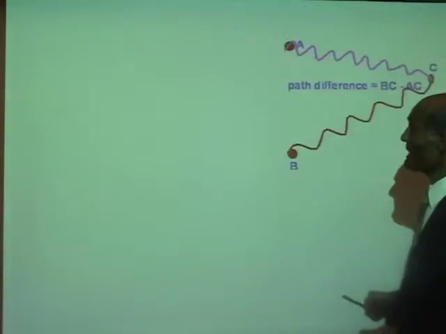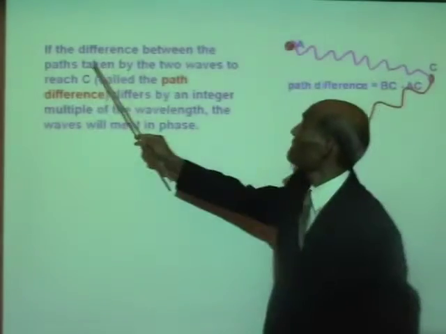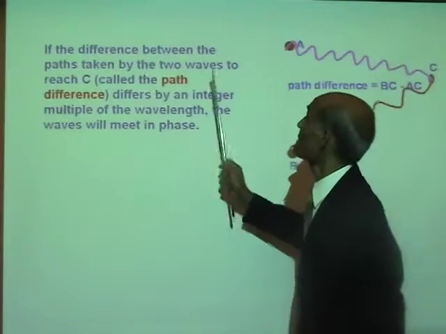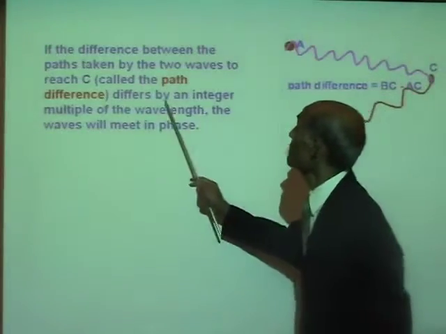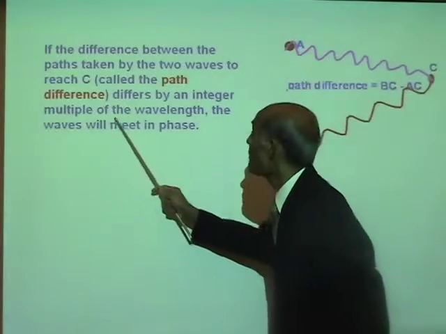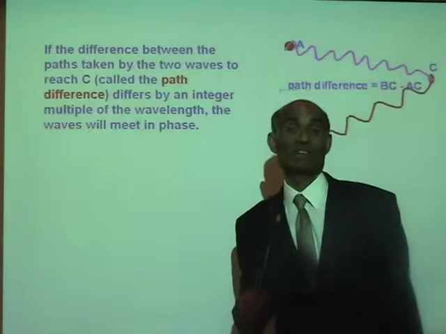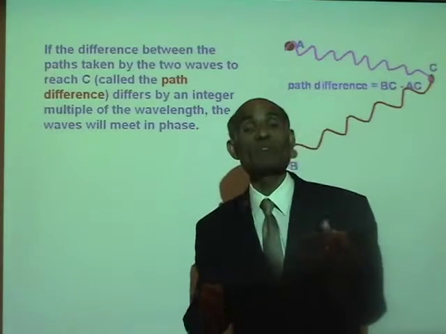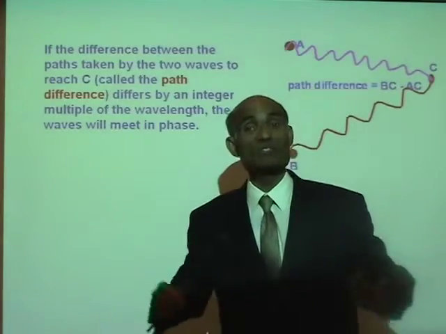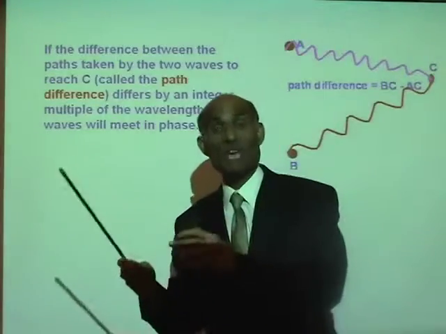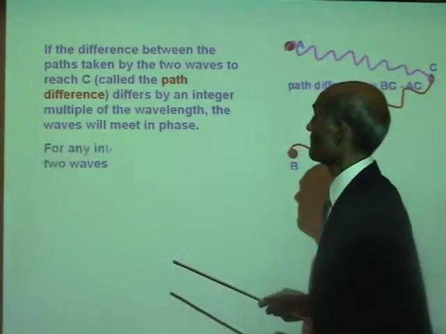I hope you understand that concept. If the difference between the paths taken by the two waves to reach C differs by an integer multiple of the wavelength, the difference can be 1 wavelength, 2 wavelengths, 3 wavelengths, 4 wavelengths, and so on. They will meet in phase.